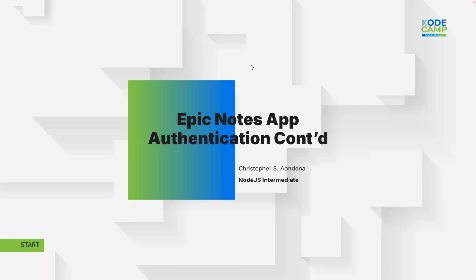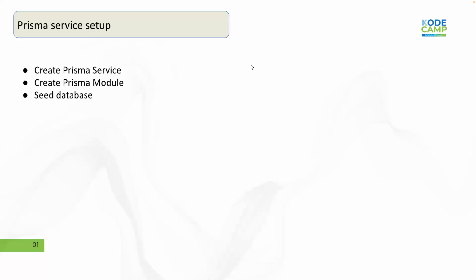So in our previous class, we talked about authentication, and we started authenticating our Epic Notes app, where we created a Prisma service. We also created a Prisma module. We seeded our database as well.